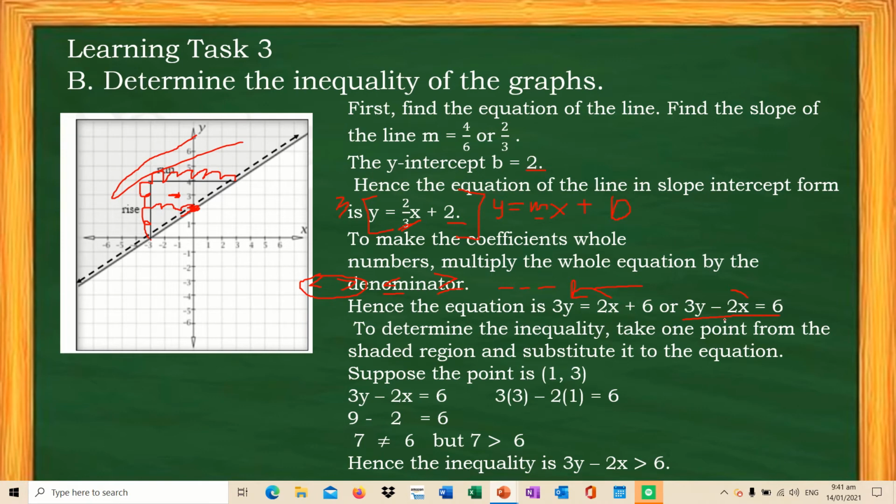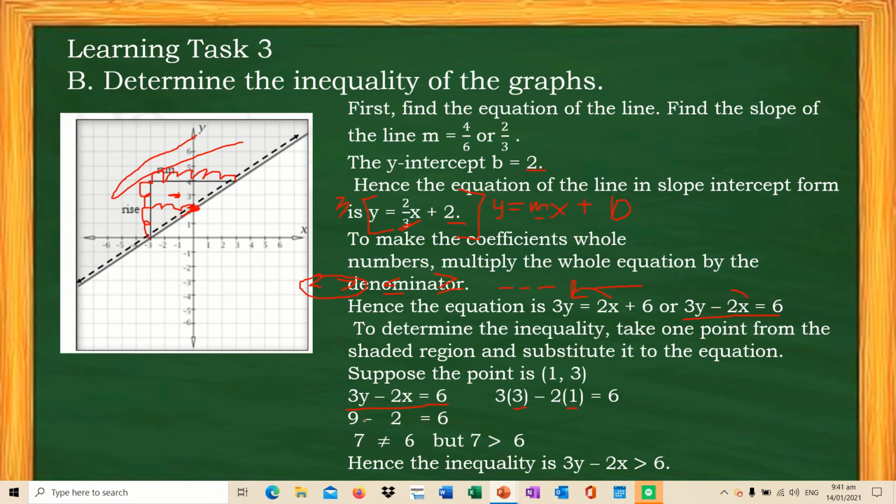Then, again, substitute dito sa line na to. 3y minus 2x equals 6. Substitute natin. Okay. So, ang value ng x natin is 1. Ang value ng y is 3. So, 3 times, ang ating y is 3. Ang ating x is 1. So, 3 times 3 is 9 minus 2 times 1 is 2 equals 6. So, 9 minus 2 is 7 is not equal to 6.